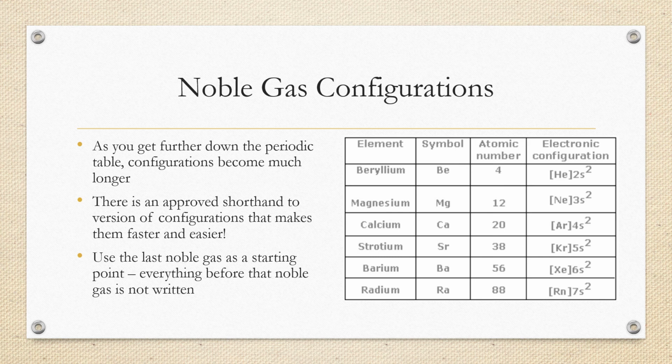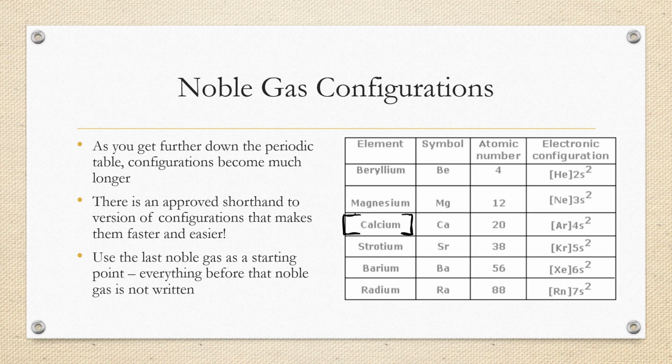And you start your configuration by citing the most recent noble gas that you've passed. So if you're talking about magnesium, or let's do calcium since we just did that one.